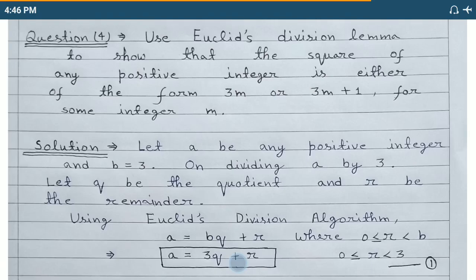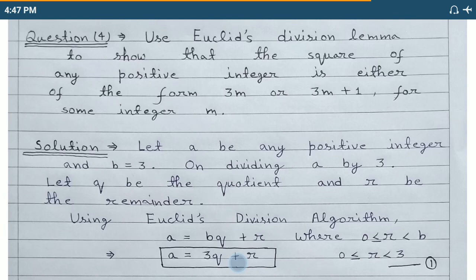Let a be any positive integer, and we know that Euclid's division lemma states that a equals bq plus r, meaning dividend is equal to divisor multiplied by quotient plus remainder, where r is between 0 and b, which means r is greater than or equal to 0 and less than b. Also, we know that here b is the divisor and r is the remainder.